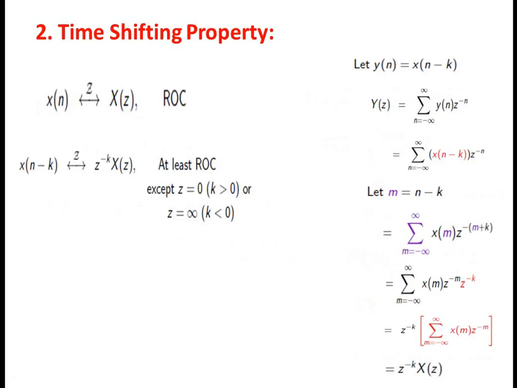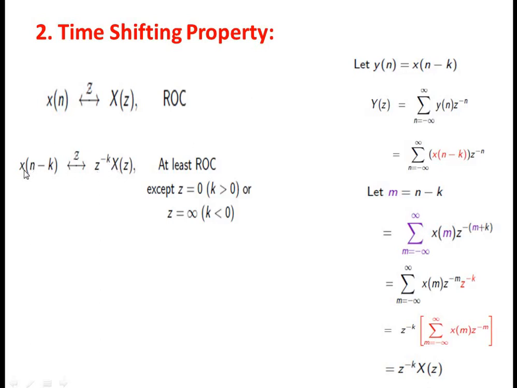Okay, now we'll see the second property, that is the time shifting property. Shift means we can either advance the signal or delay the signal. Here we have the advancement of the signal, so we have minus k. If you want to delay the signal x of n, we can represent that by x of n plus k. So minus for advancement and plus for delay of the signal. Here the formula is z power minus k into X of z.